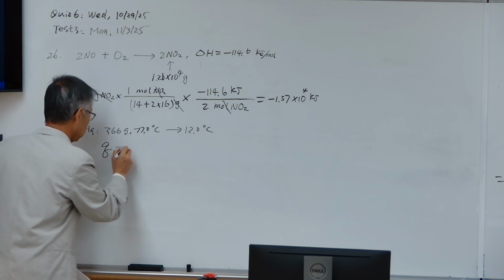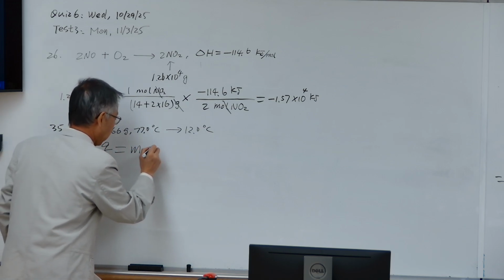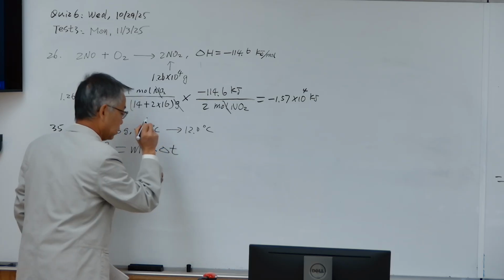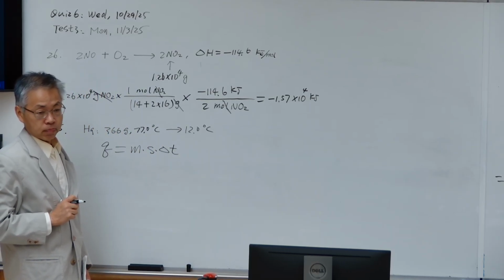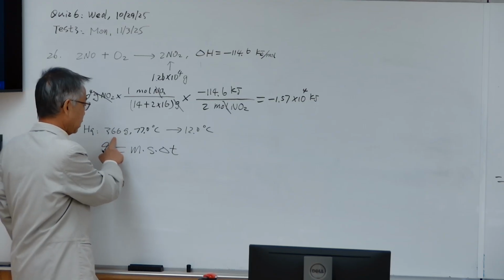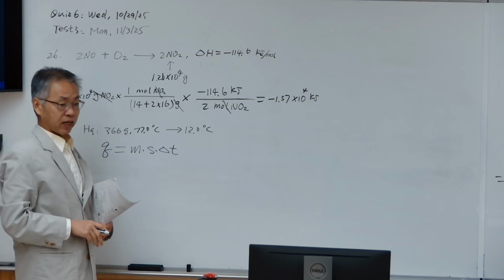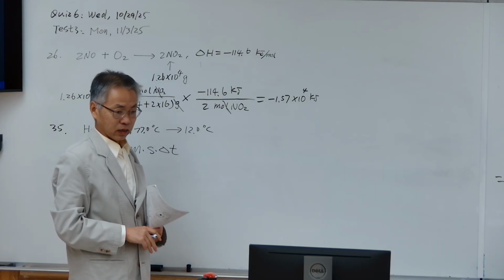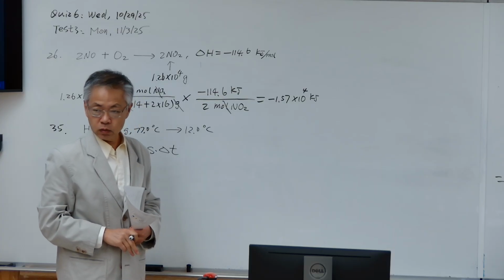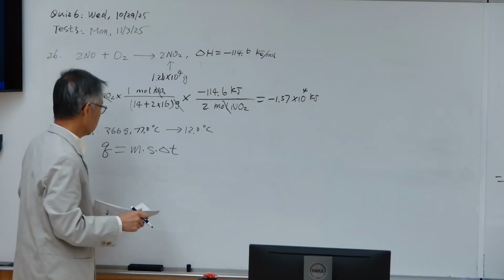So Q equals M times S times delta T, right? M is the mass, S is the specific heat. We need to use a table. During the quiz or test, I will provide you a table, don't worry.